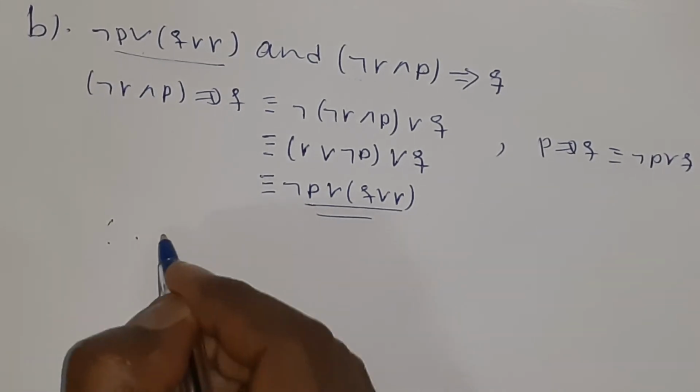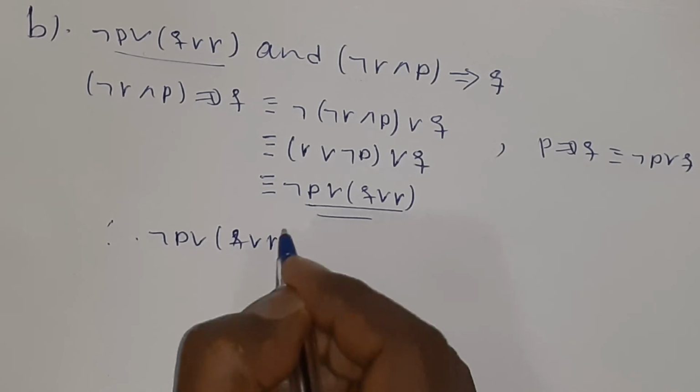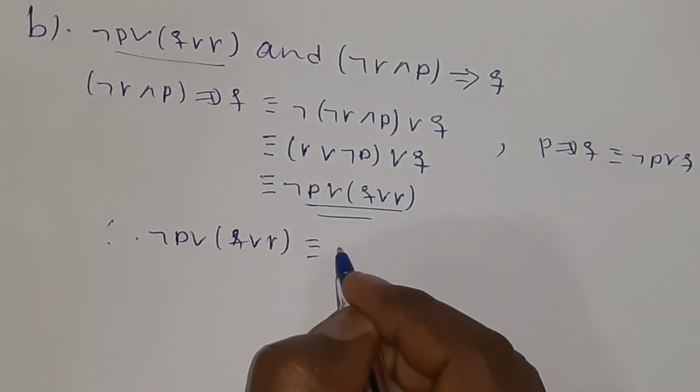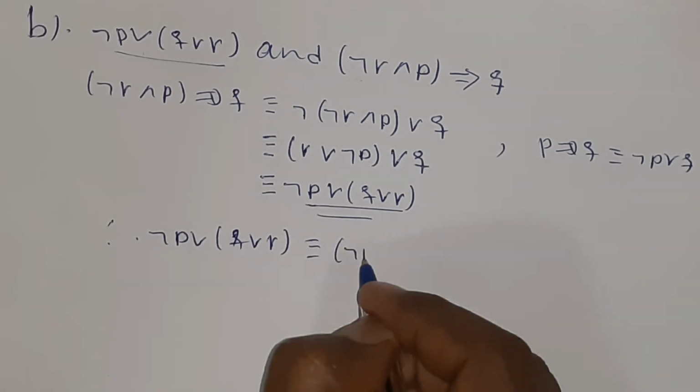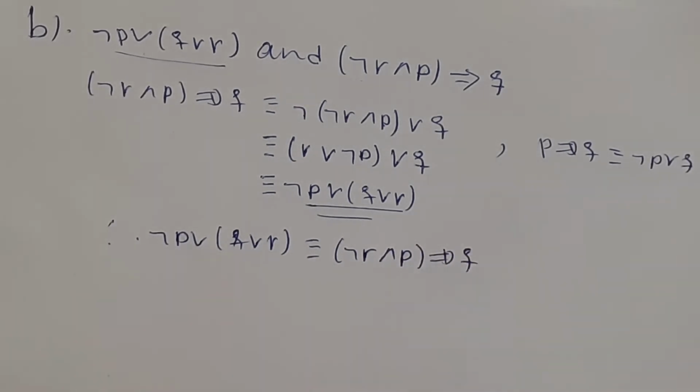Therefore, negation of P or Q or R is equivalent with negation of R and P implies Q. That is, they are equivalent statements.